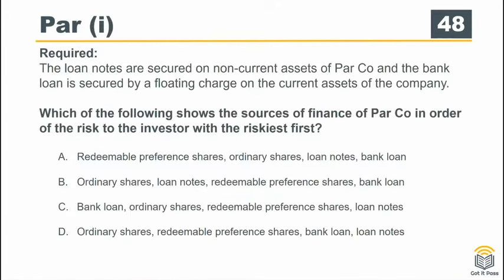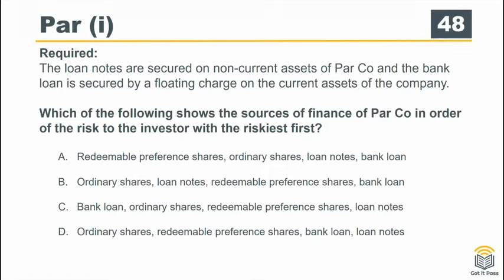The first requirement is asking you about the loan notes. The loan notes are secured on non-current assets of Par Company Limited, and the bank loan is secured by a floating charge on the current assets of the company.